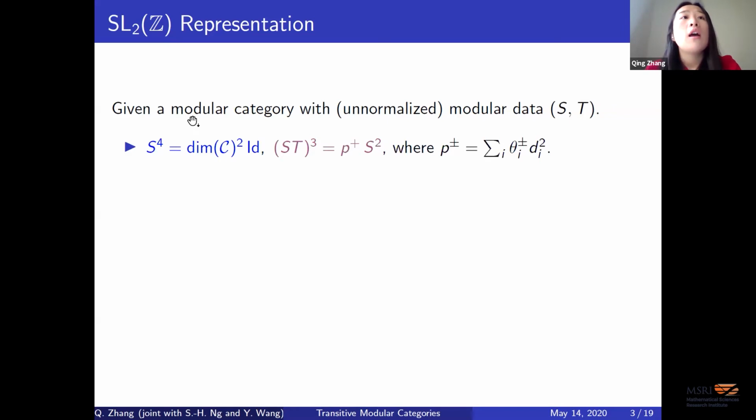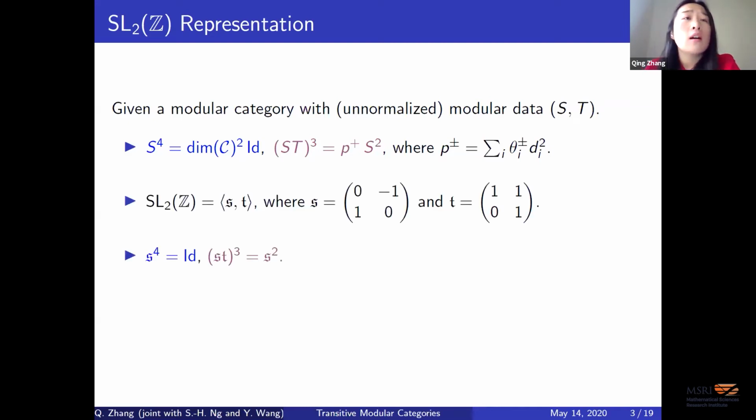For example, S to the power of 4 equals the global dimension squared times the identity matrix, and S times T cubed equals a number multiplied by S squared. To be more specific, this number is defined by a summation of theta times the square of the dimension of each simple object, which we call the Gauss sum.